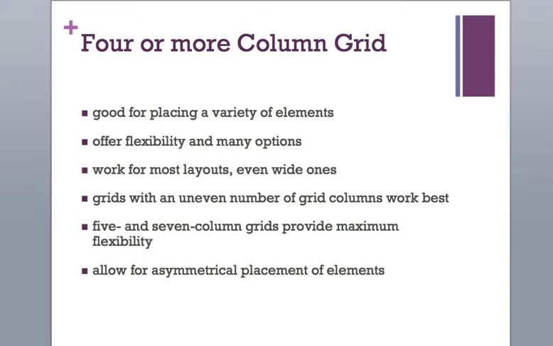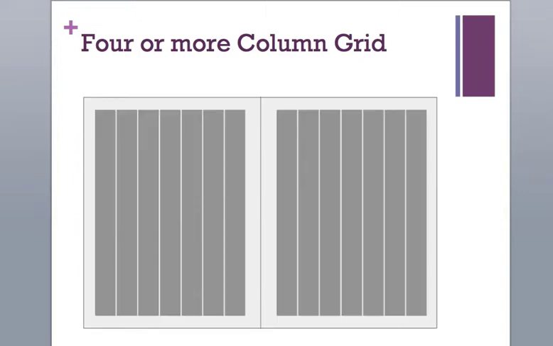Grids with uneven numbers of columns work best, and the reason why is uneven is a little less balanced, and very often it creates a little bit more of a dynamic layout. Five and seven column grids are really fun to work with, and they also allow for asymmetrical placements of your elements. So this is what a seven-column grid might look like. Now remember that you can be spanning one or more of those columns.